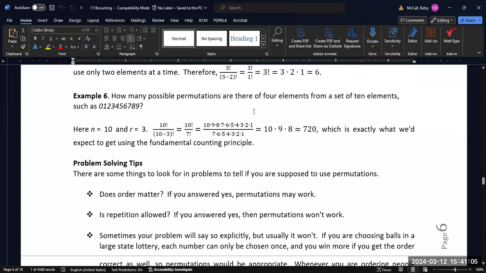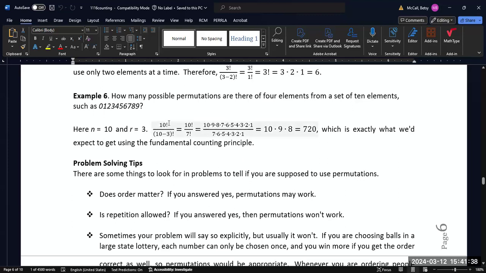How many possible permutations are there for 4 elements from a set of 10 elements, such as, again, the digits 0 through 9? So here n is 10 and r is 3. And again, keep in mind, you can use this permutations formula that's in the calculator by typing in 10, then going to math, then the probability menu and selecting NPR from the table, which is the same place where the factorial key is, and then typing in 3, and it will do all this math for you.